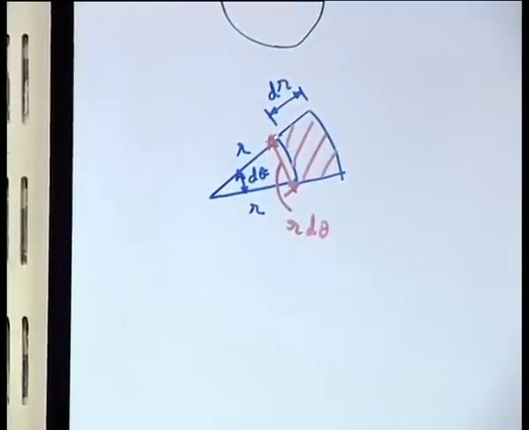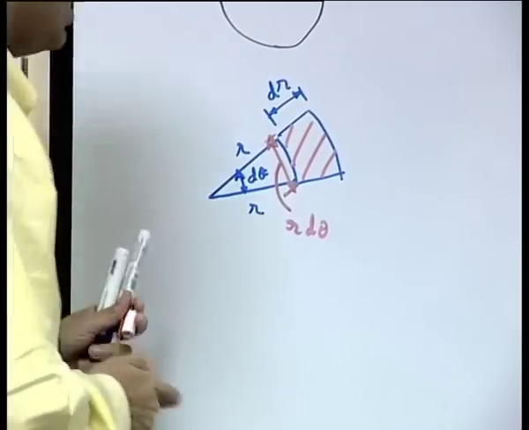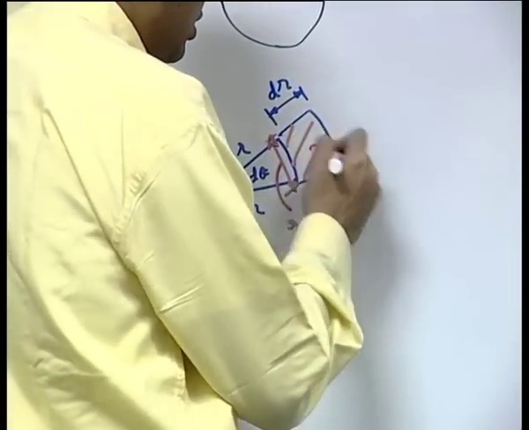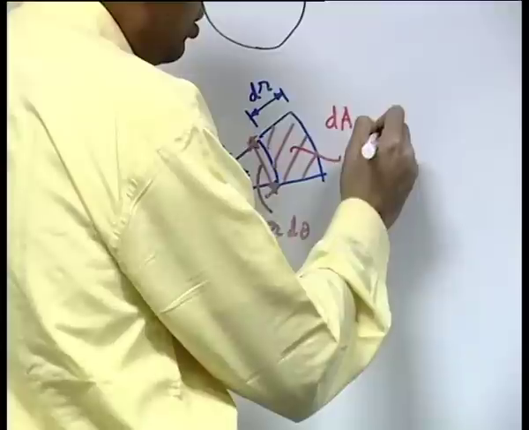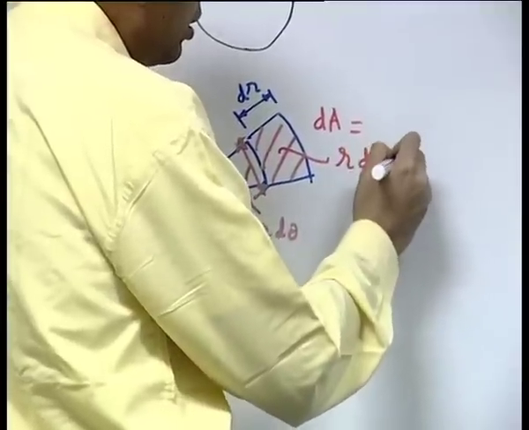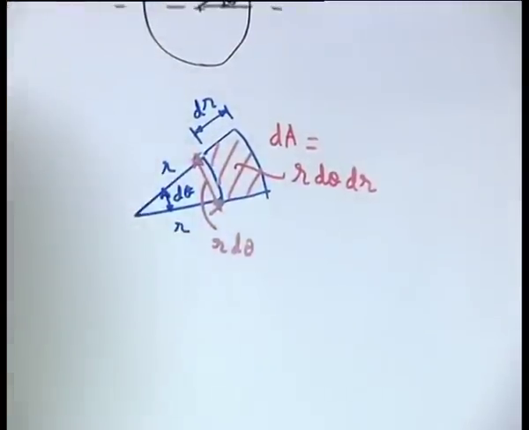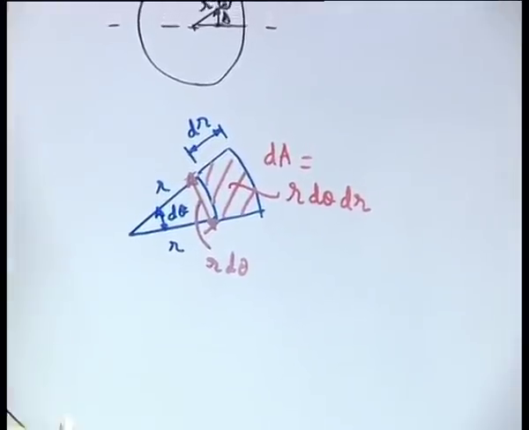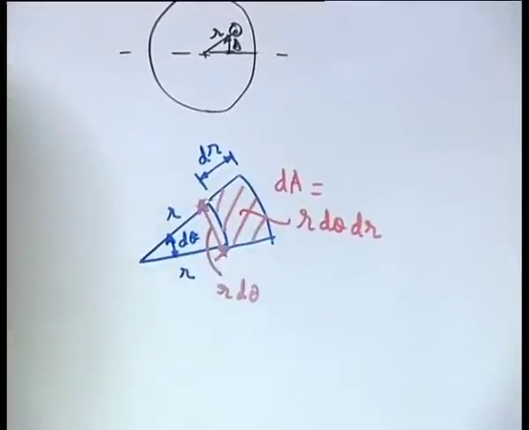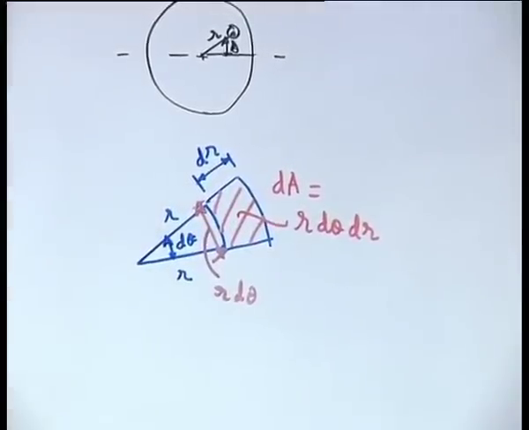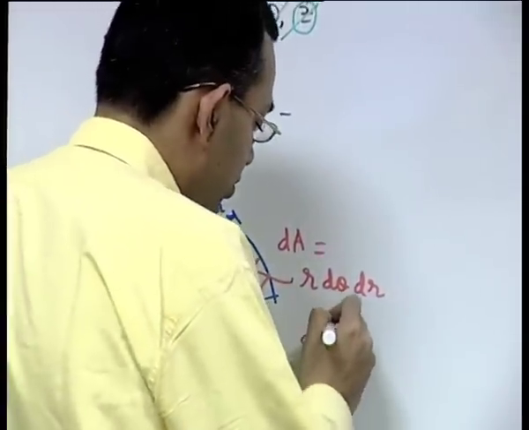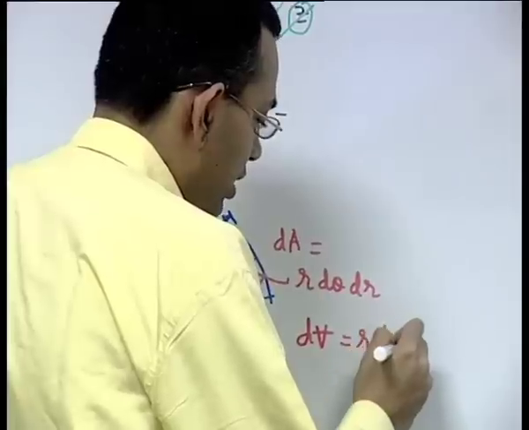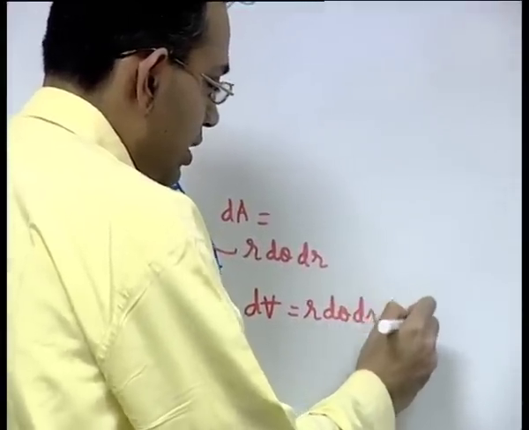So you have the total area of this shaded region as dA is equal to r d theta dr, because for small dr this is approximately like a rectangle. If you consider an elemental length of dz along the other direction, then the elemental volume is r d theta dr into dz.